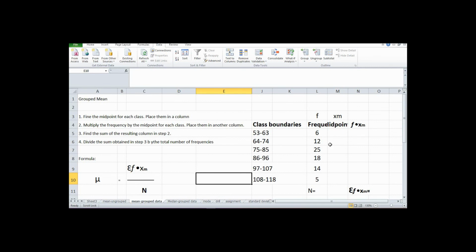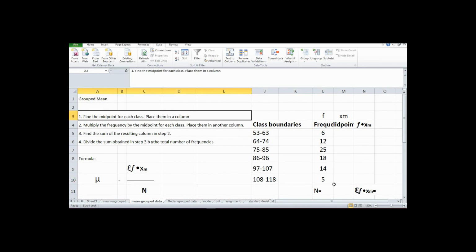And also in my previous video, I have already discussed how to get these class boundaries or the class. Okay, we will proceed. First, how to get the mean for grouped data. But before that, we will be familiarizing the formula for grouped data.